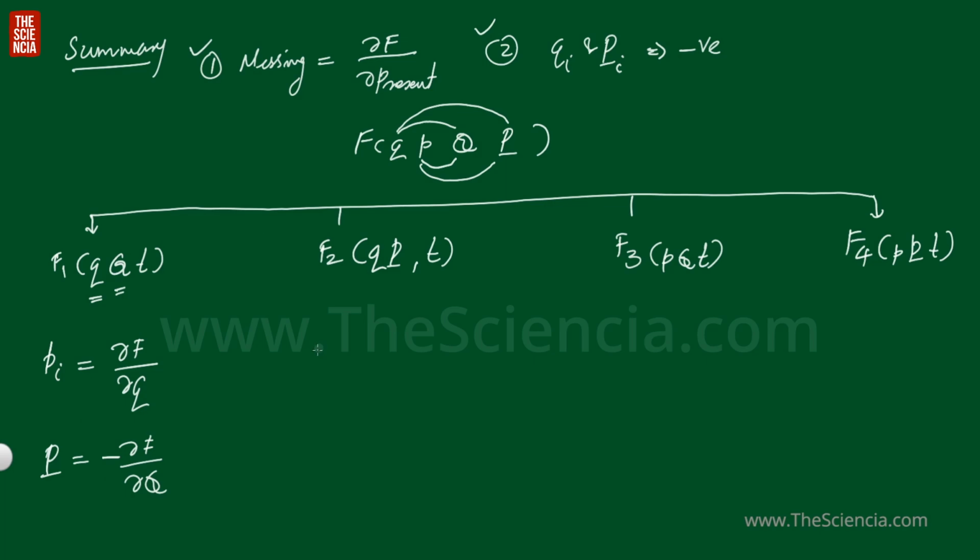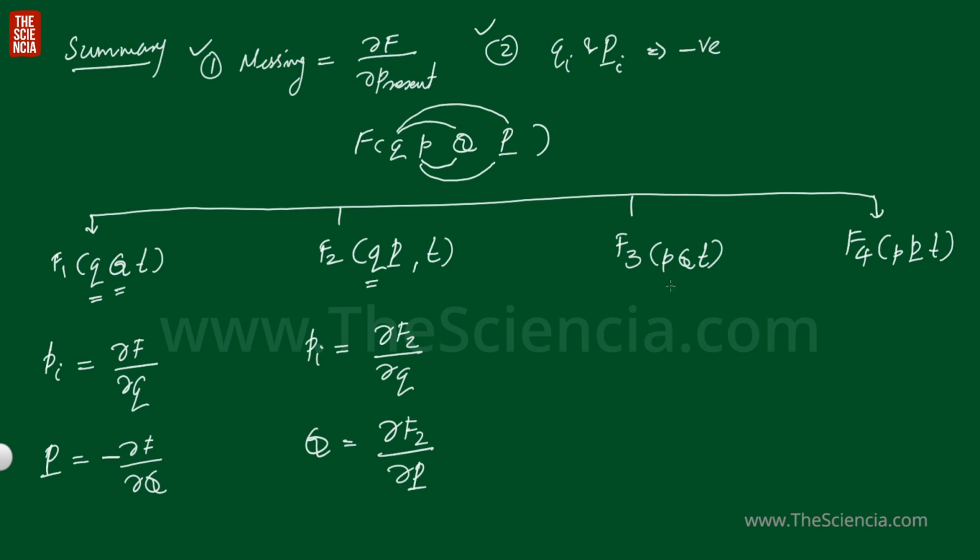And another one, what is F2? Here what is the missing coordinate? That is small p_i, that will be equal to ∂F2 by ∂present, that is ∂q. And another one missing is capital Q, that is equal to ∂F2 by ∂present.